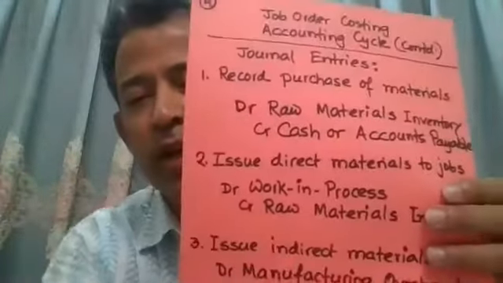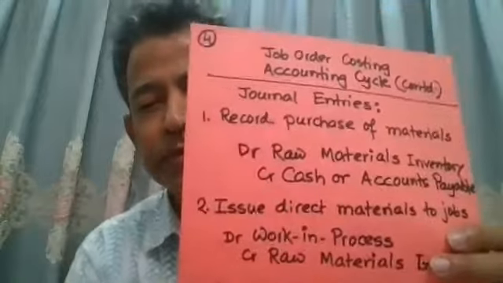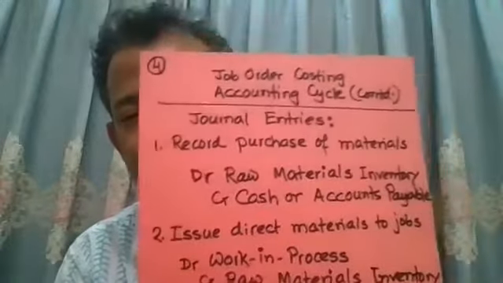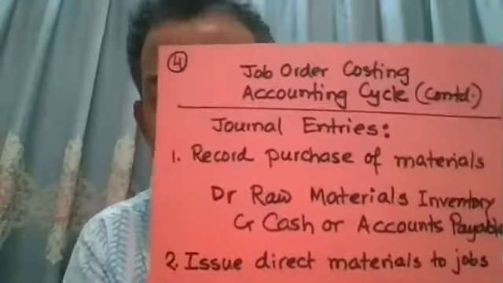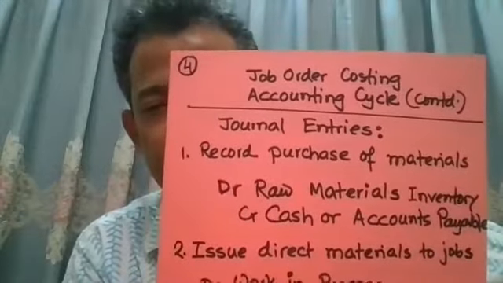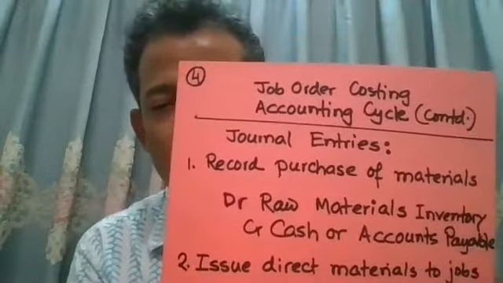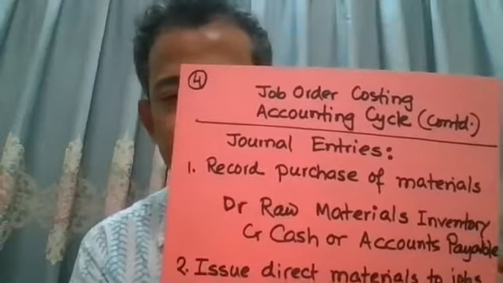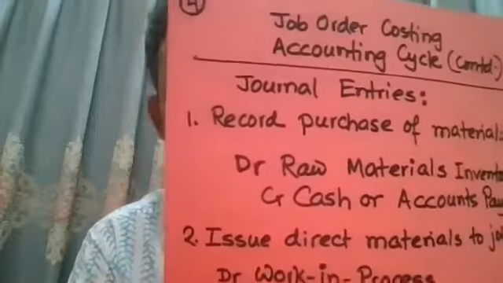So this is what I have for you. The first entry is to record the purchase of materials, the purchase of direct or indirect materials. Whenever we purchase those materials, we debit materials inventory. We are doing perpetual accounting here, perpetual inventory costing, so perpetual inventory system.